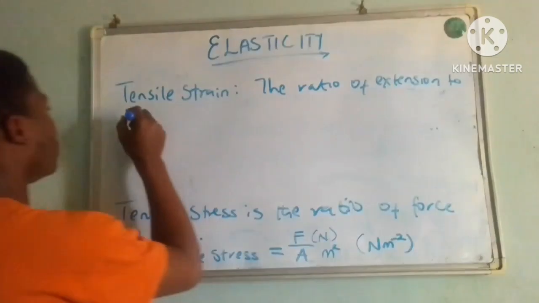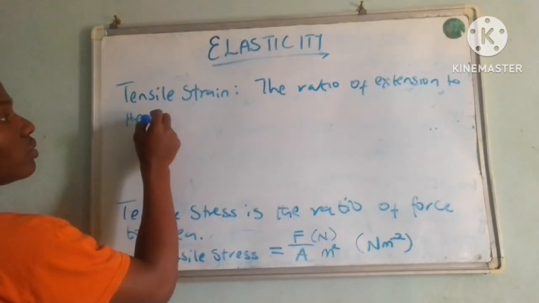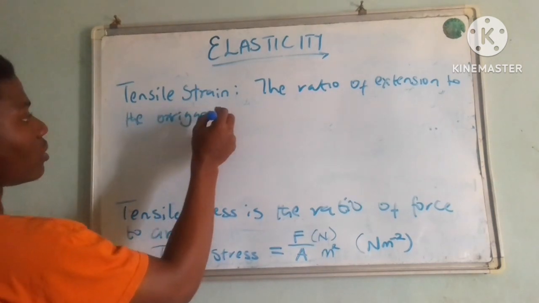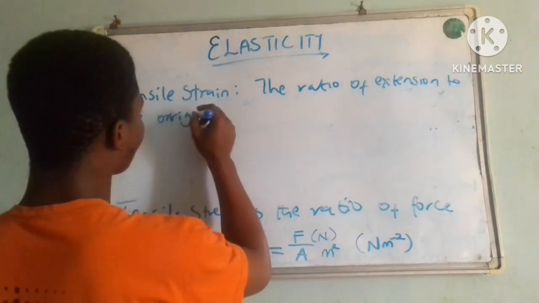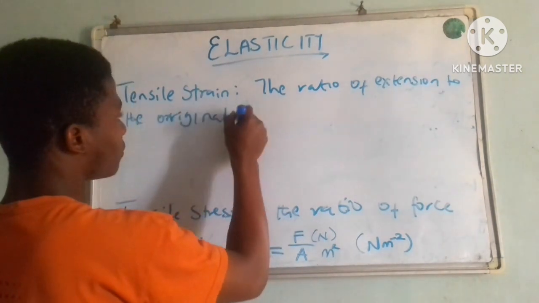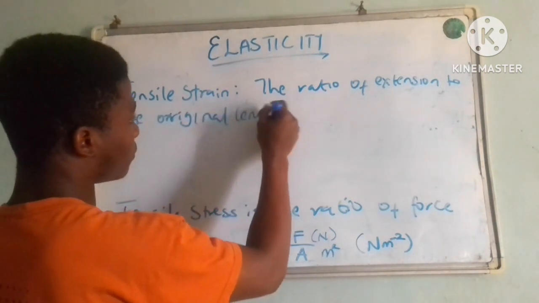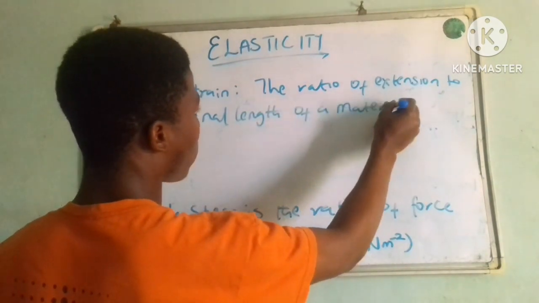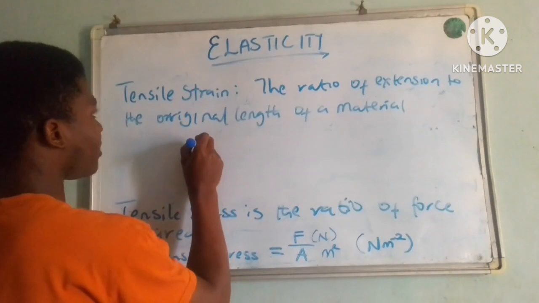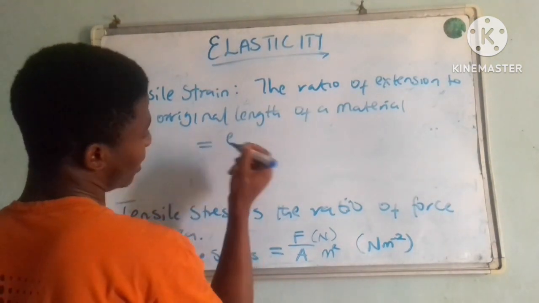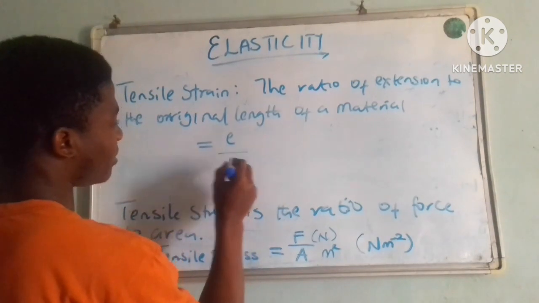Tensile strain is equal to E, as extension, all over length.